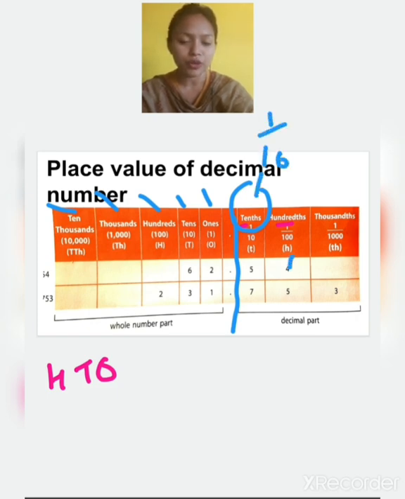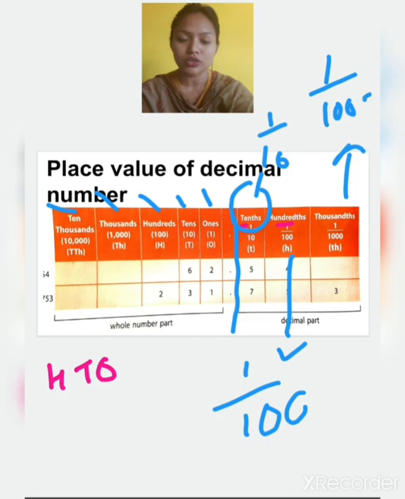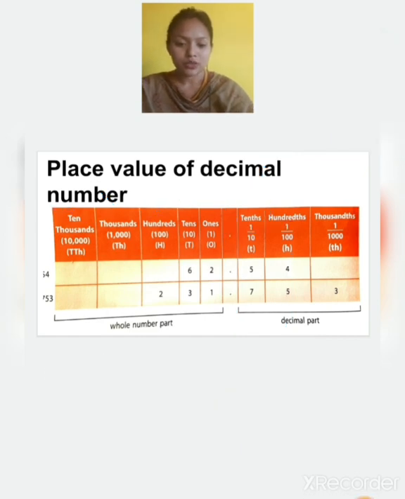This is 1 upon 100, that is hundredth, and this is 1 upon 1000, that is thousandth. On the other side, similarly, 10,000, lakh, 10 lakh will come. So this way we put decimal numbers in the place value chart.